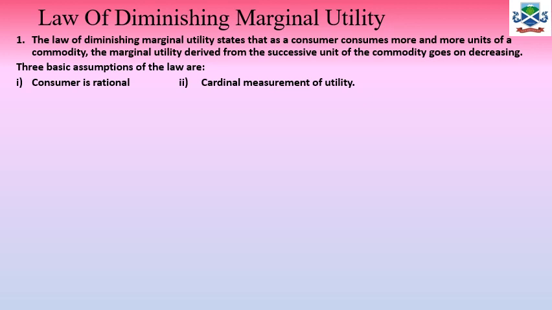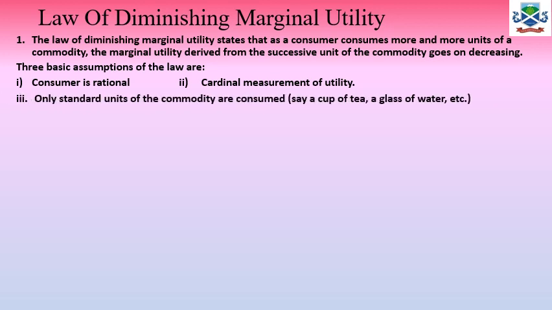If the consumer is able to judge, then the consumer is known as a rational consumer. Second, cardinal measurement of utility. In this utility approach, one of the important assumptions is that utility can be measured in terms of quantity, that is in numbers 1, 2, 3, and the unit is utils. Third, standard units of a commodity are consumed every time, say a cup of tea or a glass of water, not a drop of water.